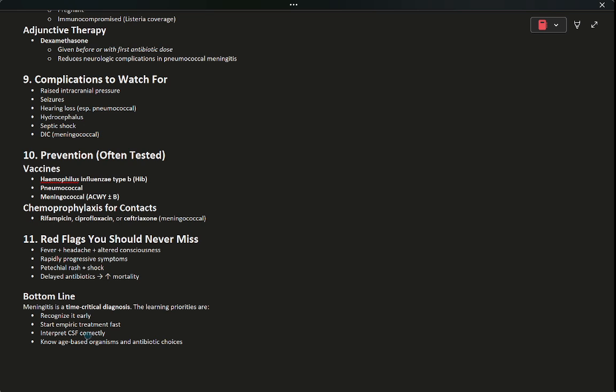Discussed earlier with that table, and also know the age-based organisms and antibiotic choices corresponding to these.